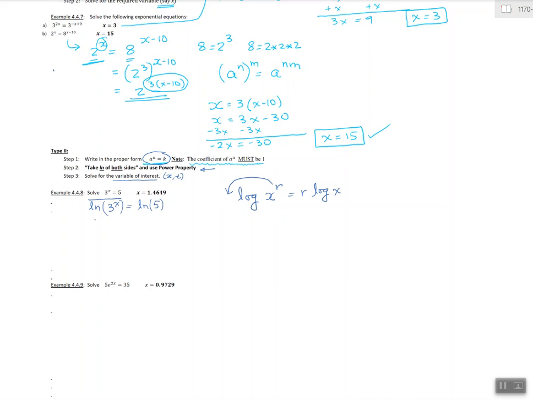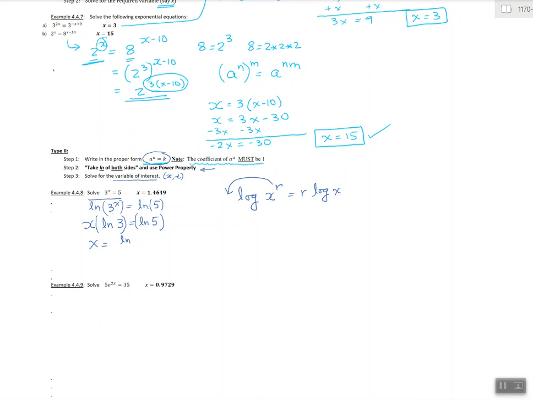So same idea here, x comes in front, so I have x times ln of 3 equals ln of 5. So now remember, ln of 3 is just a number and ln of 5 is just a number. So I can find x by dividing both sides by ln of 3.